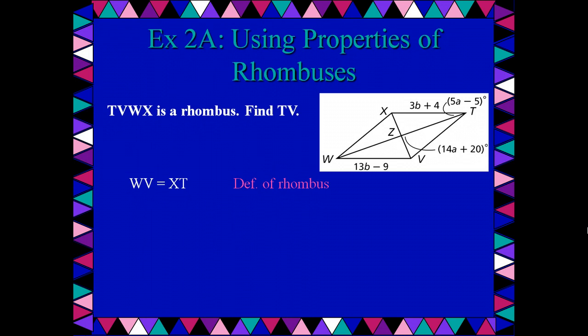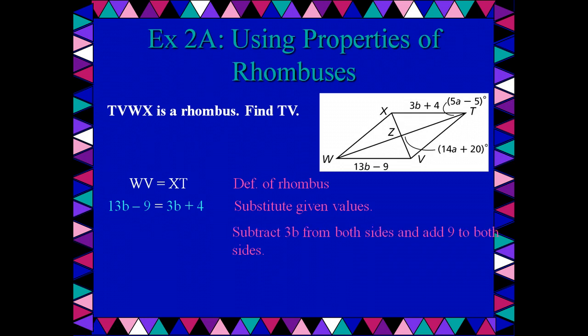So we can set those values equal to each other. 13b minus 9 equals 3b plus 4. Subtract 3b from both sides and add 9 to both sides. And we get that 10b equals 13. Dividing both sides by 10, we get that b equals 1.3.